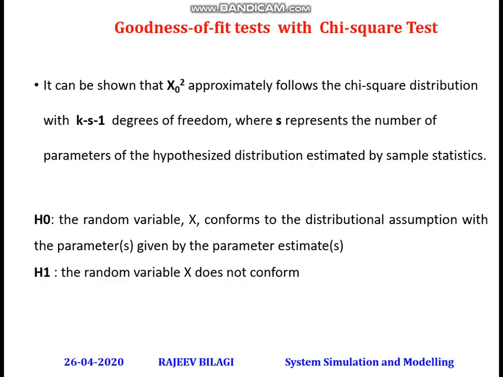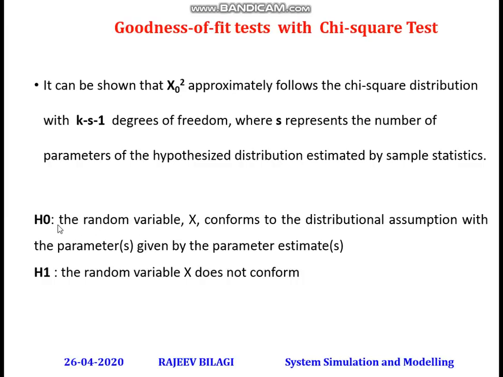If you consider the normal distribution, in the previous table I have shown that there are two parameter estimates, sigma square and mu, so s is equal to 2. If you are using the exponential distribution, s is equal to only 1. If you are using Poisson's distribution, that is also 1. So you have to remember that.